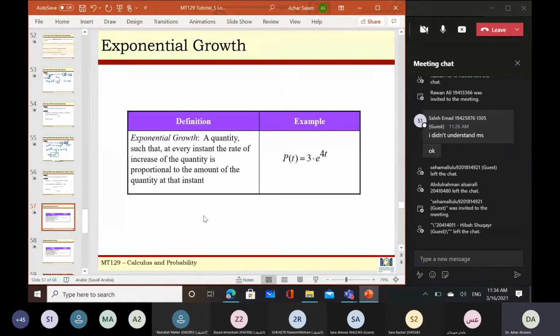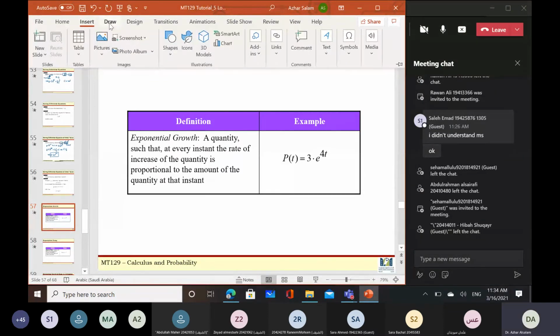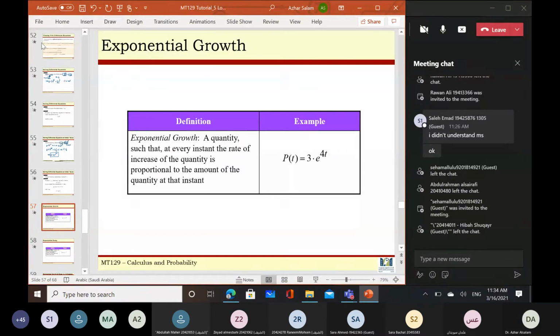Okay, now for the applications. First, I will define or take the definition of the exponential growth. Okay, growth or decay.